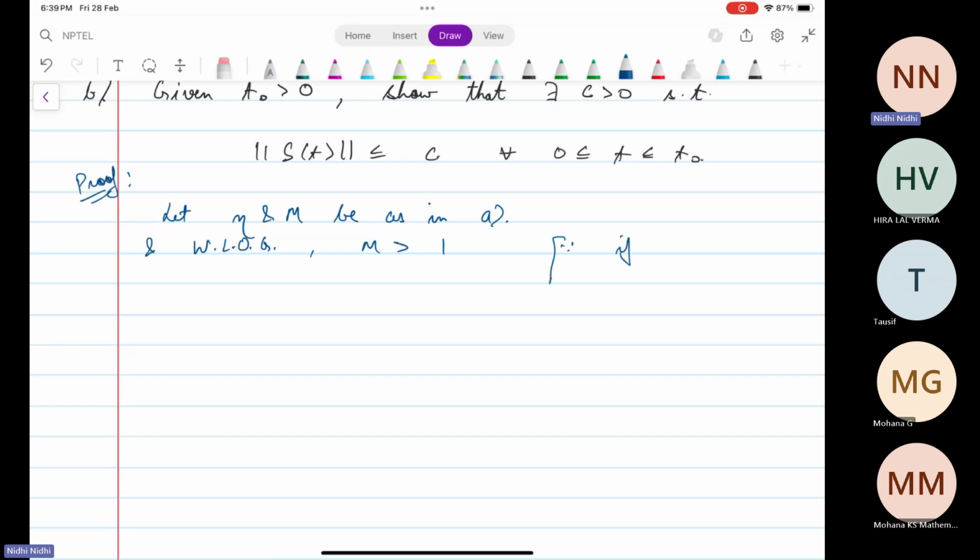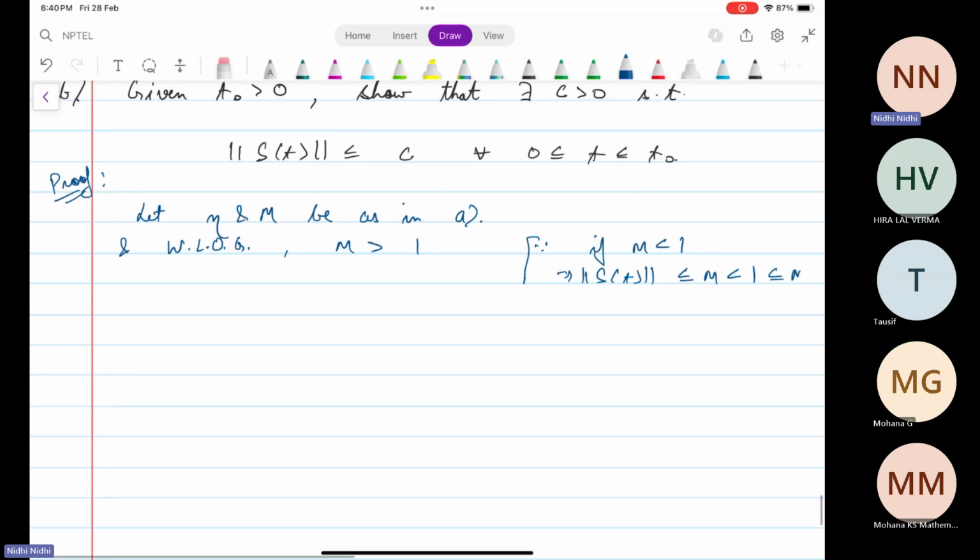Since if M is strictly less than 1, then norm St, which was less than or equal to M, is also strictly less than 1. This can be taken as less than or equal to M naught for some M naught strictly greater than 1, and this M naught can be considered in that case.